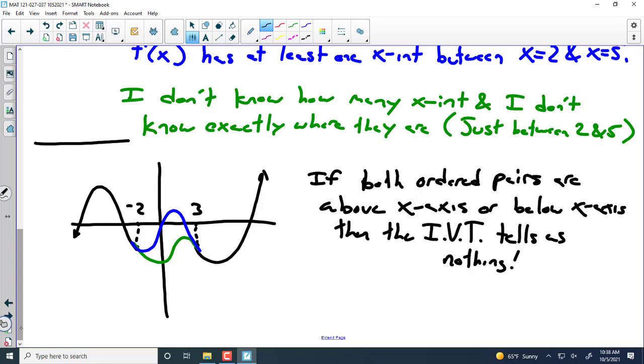And the correct thing to say is, I don't know. I don't know if there's an x-intercept in there. There could be, but I don't know for sure. I don't even know how many there might be. There could be 1, 2, 3, 4, doesn't matter, because we have bounces and crosses. We don't know how many we have, whether it's even or odd.